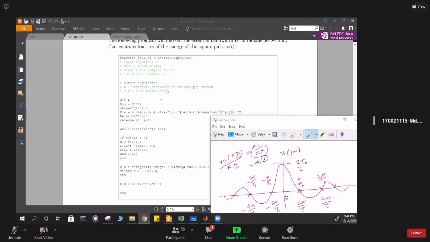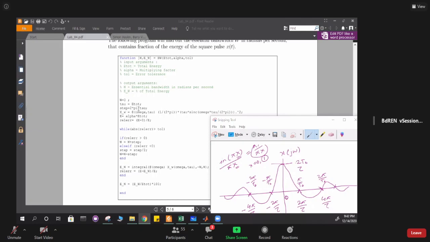Okay. Now, at first we are taking W equal to 0 for initialization. Then we are taking tau equal to E total, the input argument of our function, and we are taking the step initially to be 2 pi by tau.